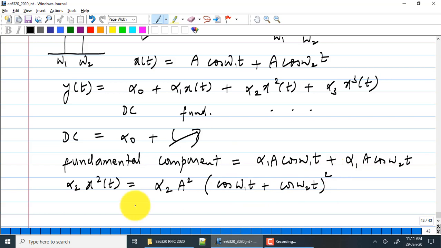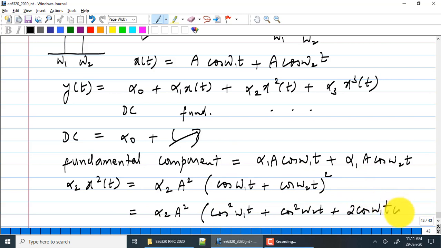Okay, so this would give me alpha 2 A squared cos squared omega 1t plus cos squared omega 2t plus the cross term. Okay.